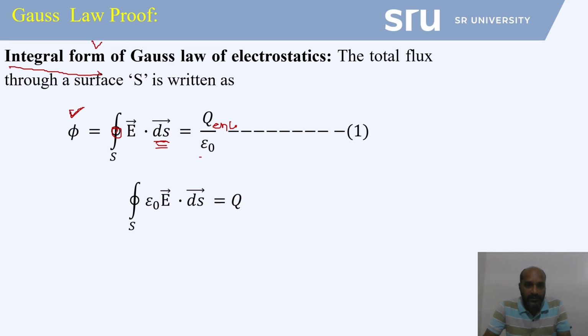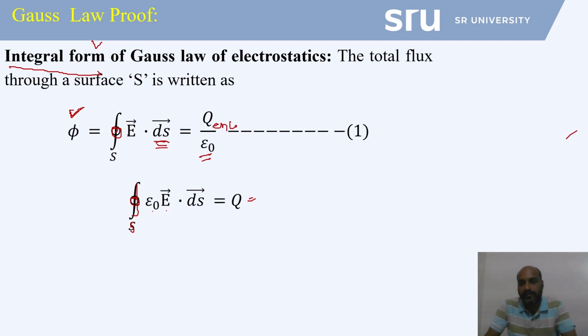And we'll move this epsilon naught, because it is a constant, to the left side. So the equation will be: closed surface integral of epsilon naught E ds is Q.